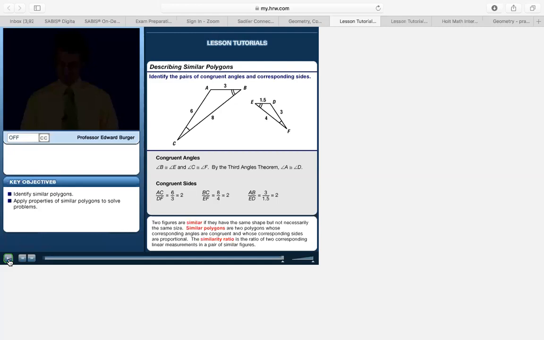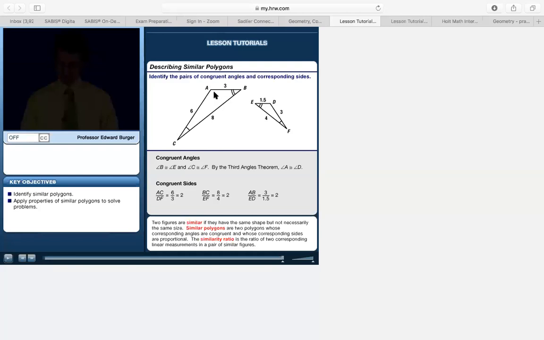As you see the cursor, angle B is congruent to angle E. Angle C is congruent to angle F. By the third angle theorem, angle A will be congruent to angle D. So you see here angle B and angle E. What are the sides opposite to angle B and E? Opposite to B will be AC. Opposite to E will be DF.